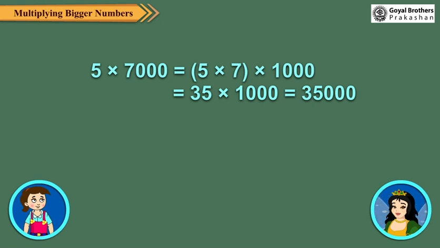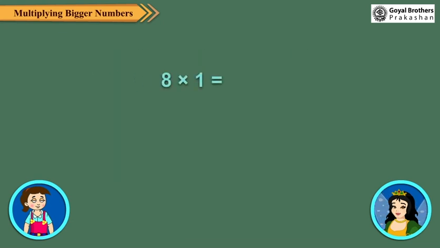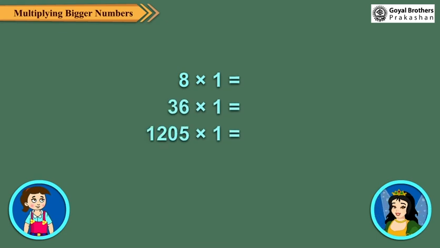Now let us discuss some properties of multiplication. The product of a number and 1 is the number itself. For example, multiplying 8, 36 and 1205 by 1 gives us 8, 36 and 1205 respectively.